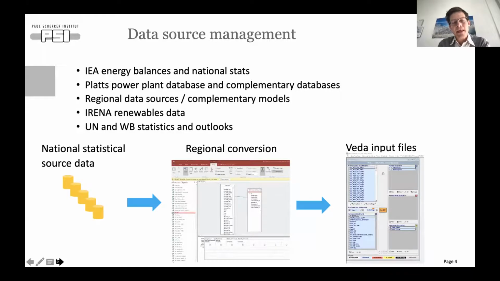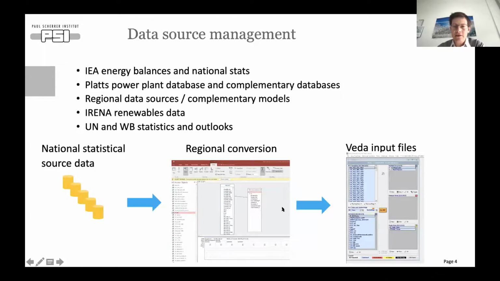And actually, due to the fact that we had so many different data sources involved in this, I developed a separate, very comprehensive database which collected the national statistical sources, converted this into the regions which we have defined, and that then fed directly into the respective TIMES input files.